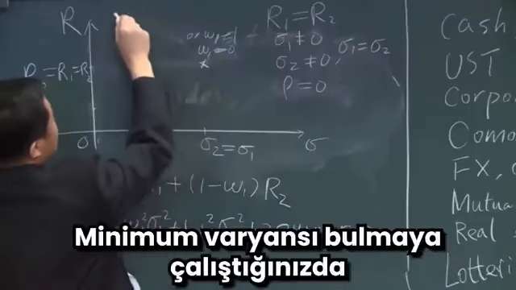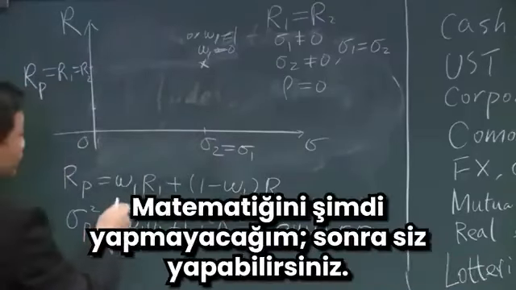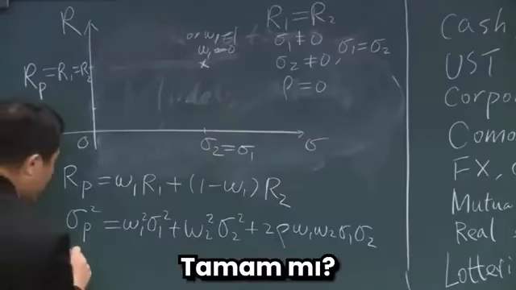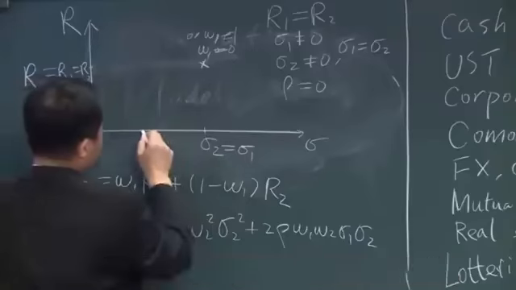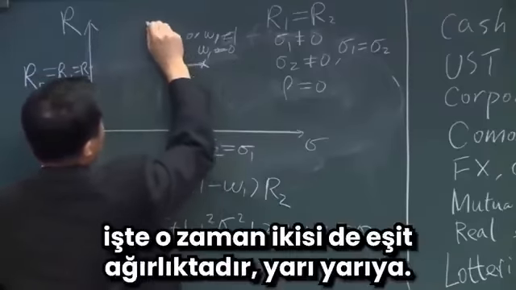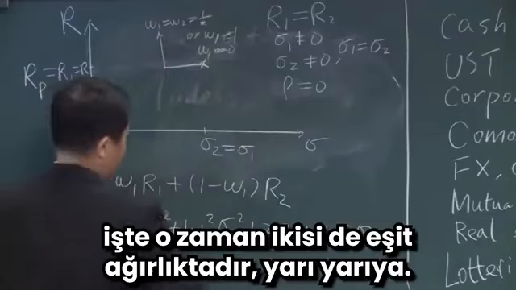But when you try to find the minimum variance, I'm not going to do the math. You can do it afterwards, check by yourself. You will find at this point, that's when they are equally weighted, half and half.